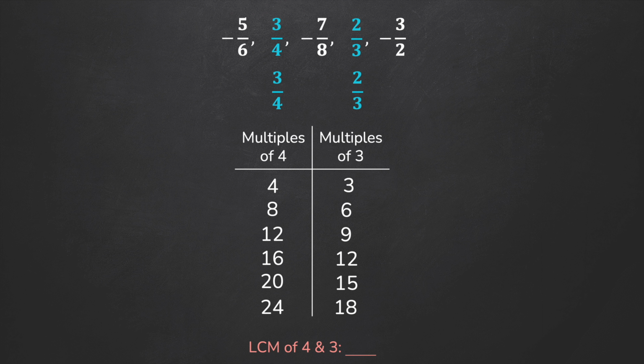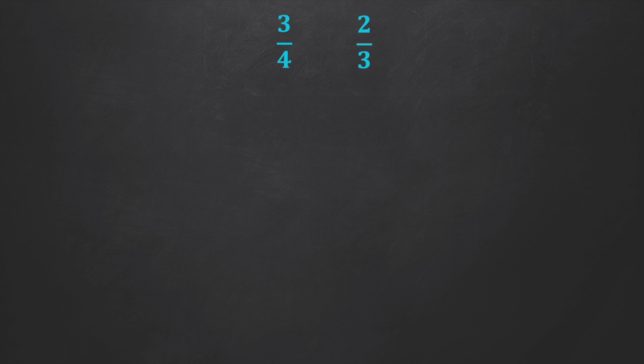And the smallest number that they have in common is 12. Remember that we're using 4 and 3 because these are our denominators, and the least common multiple between 4 and 3, which are our two denominators, is 12.